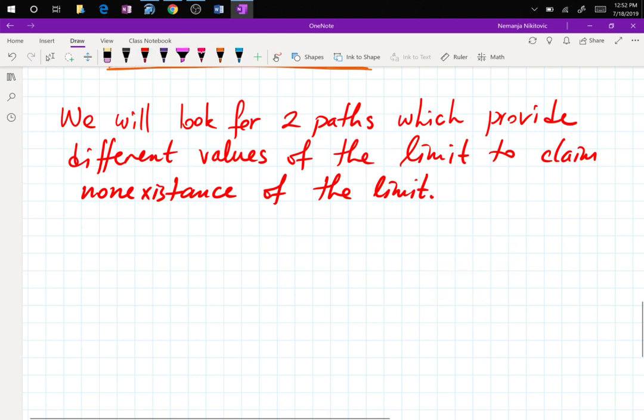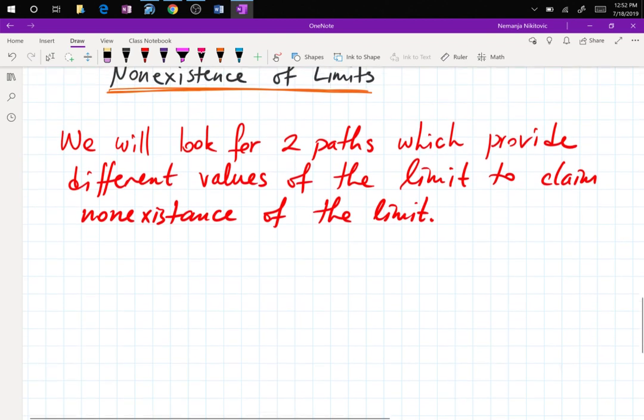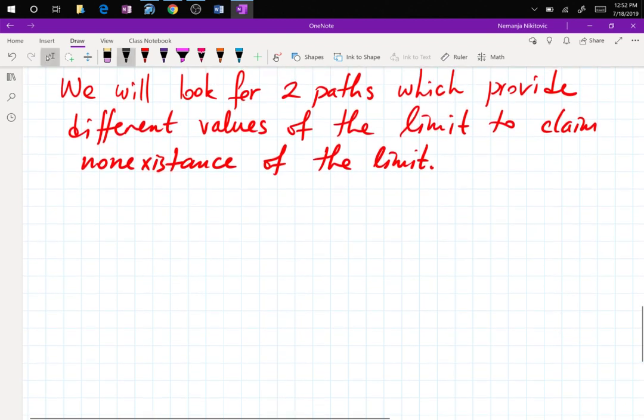So now, when you have this situation for the non-existence of limits, you are going to take a look at, again, this is the domain.